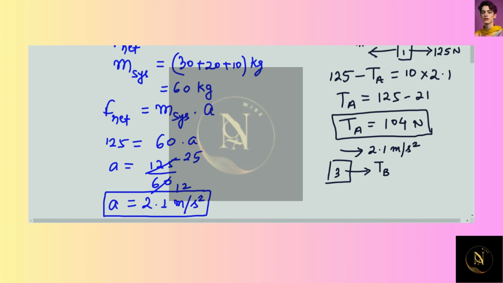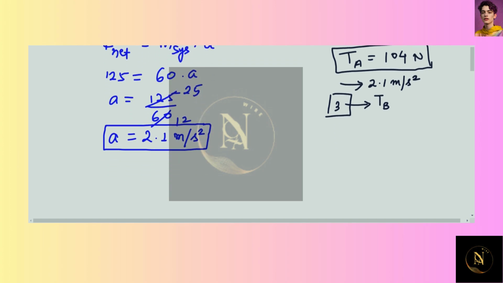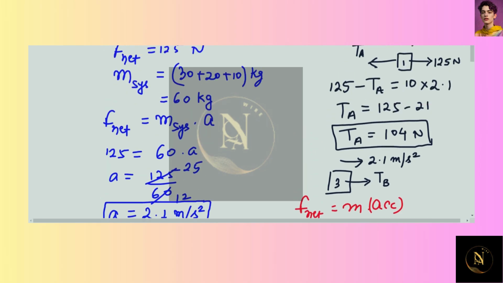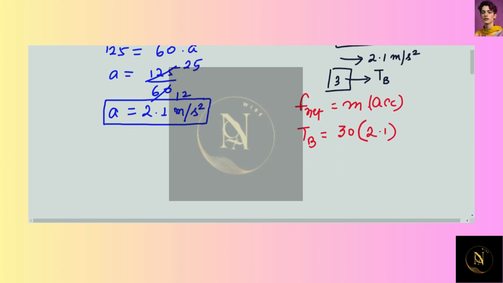Since the objects in the system are interconnected, all will have the same acceleration. So we again apply Newton's second law: net force equals mass times acceleration. Net force is TB, mass is 30 kg, and the acceleration is what we figured out. This gives the tension in string B as 63 newtons.